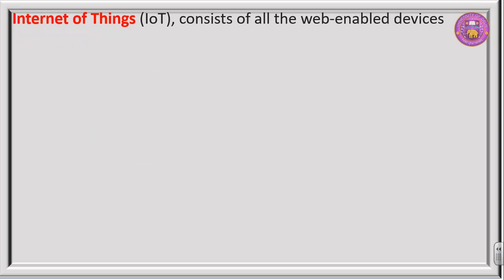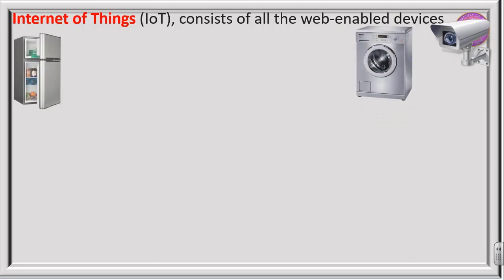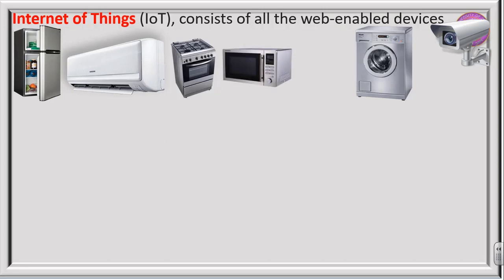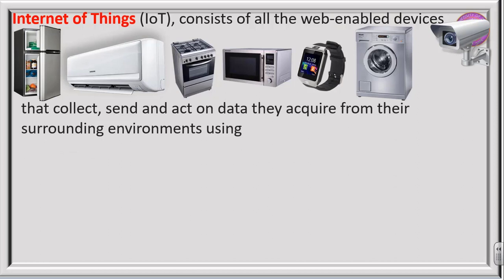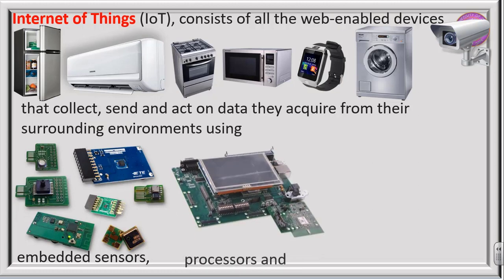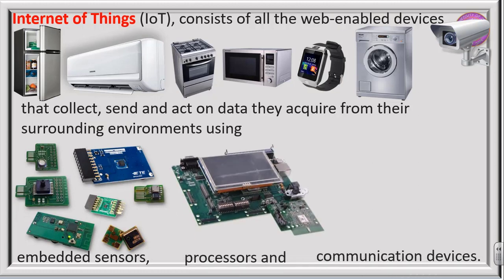Whereas Internet of Things is concerned, it consists of all the web-enabled devices. For example, security camera, washing machine, refrigerator, cooking range, air conditioner, microwave oven, smartwatch that collect, send and act on data they acquire from their surrounding environments using embedded sensors, processors and communication devices.